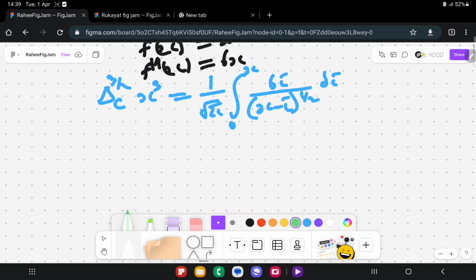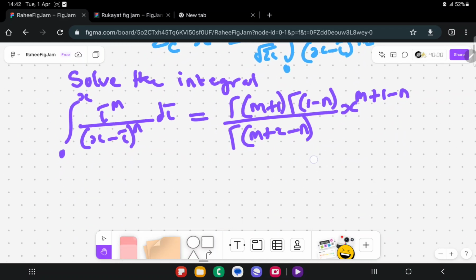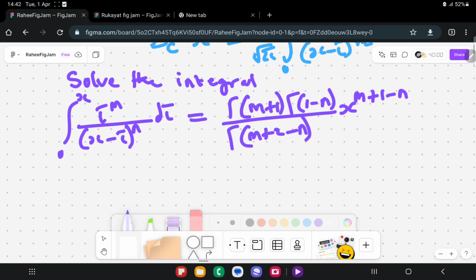In trying to solve our integral, we found out that this integral can be expressed in this form of gamma function. Now all we need to do is simply substitute our values.